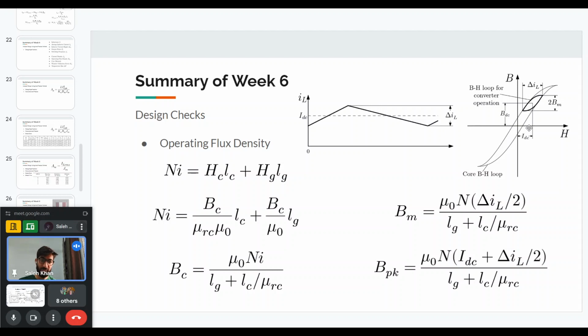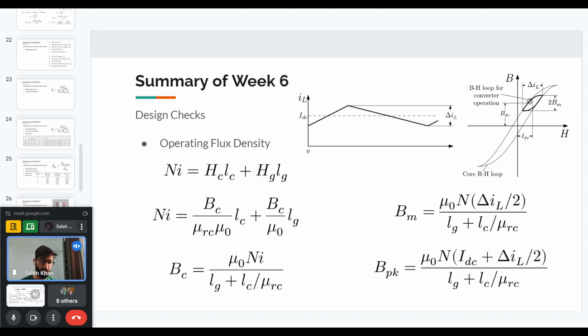You will have a DC value of the current. The DC value of current will produce a particular DC value of field intensity, and that will lead to a DC value of the flux density, B_DC. And on top of that DC value of flux density, you will have an AC value of flux density, and that will be related to the current ripple in the inductor.